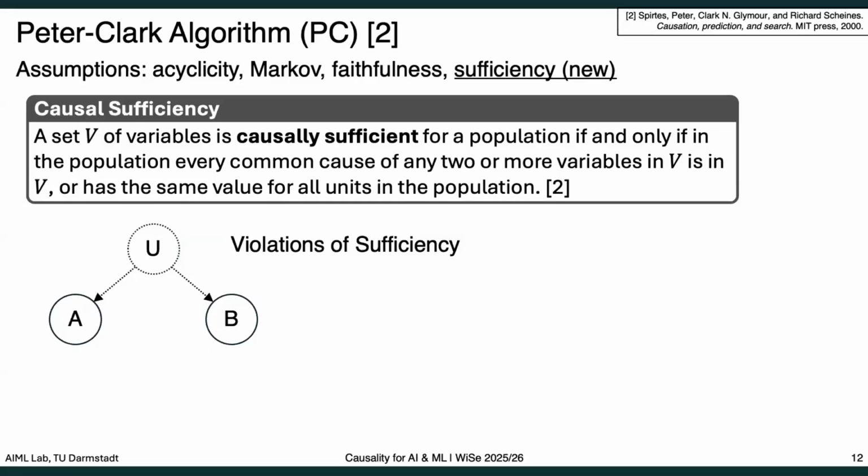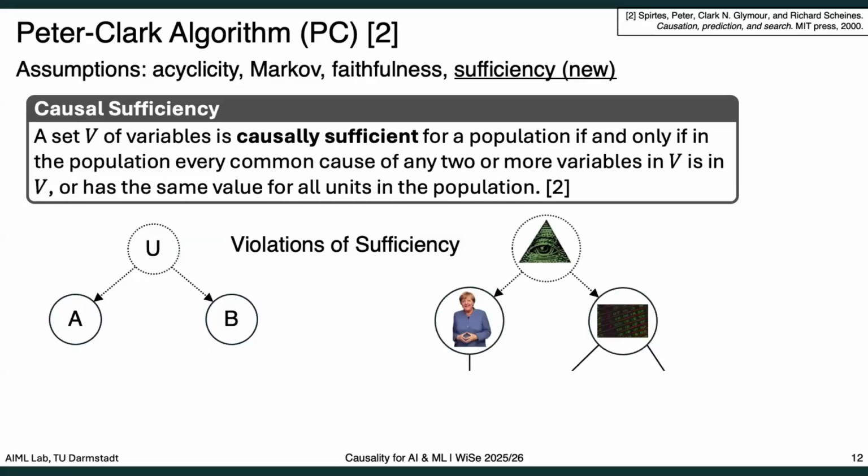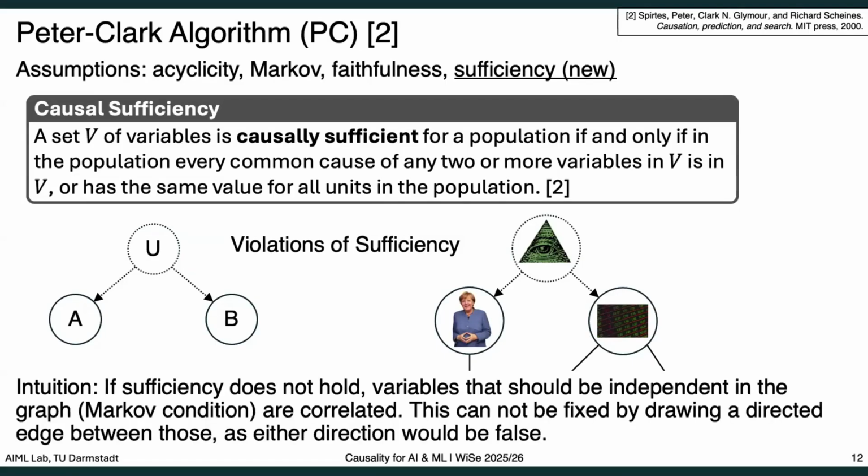Maybe a more practical example could be something like this. Leave it up to your own imagination whether that's true or not. But just to repeat the intuition, also if you want to look at the slides later. If sufficiency is not true, then variables that should be independent, given the independency assumption that we take from the data, still appear to be correlated.